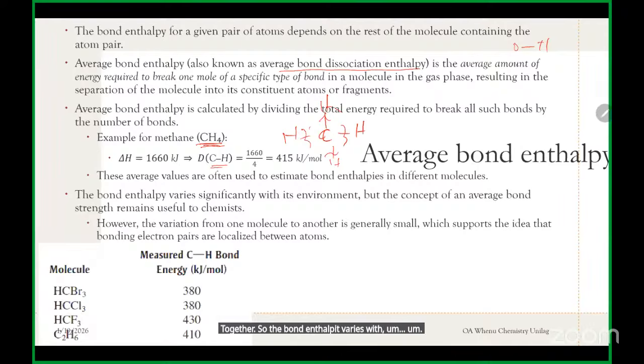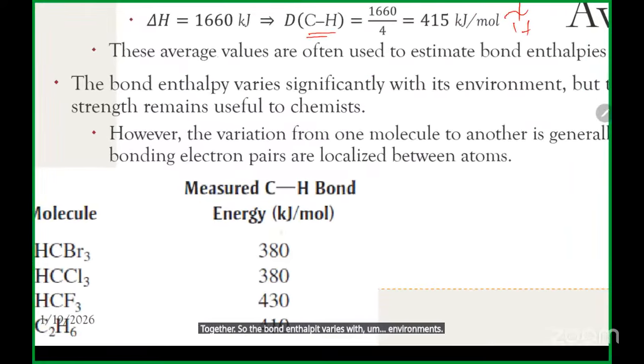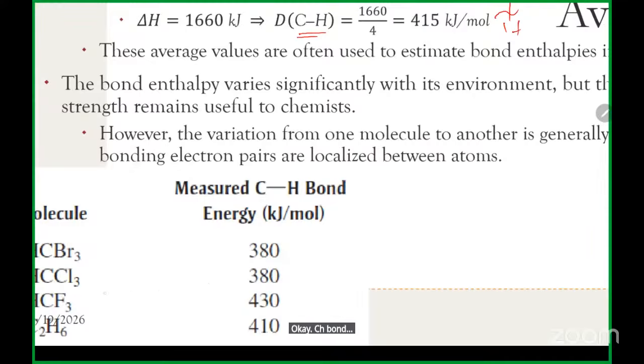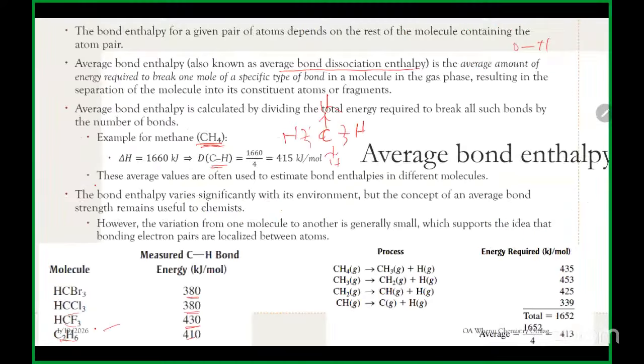So the bond enthalpy varies with environment. See, CH bond in here, you can see the variation. Here is 380, here is 430. So this is another place, another CH bond here now. 435, 453, 452, 339.